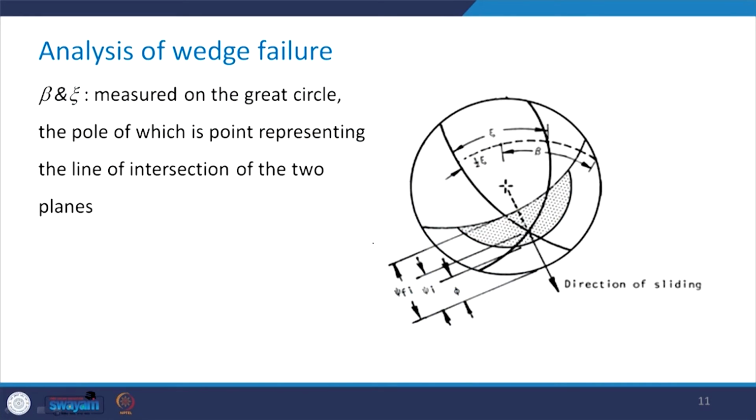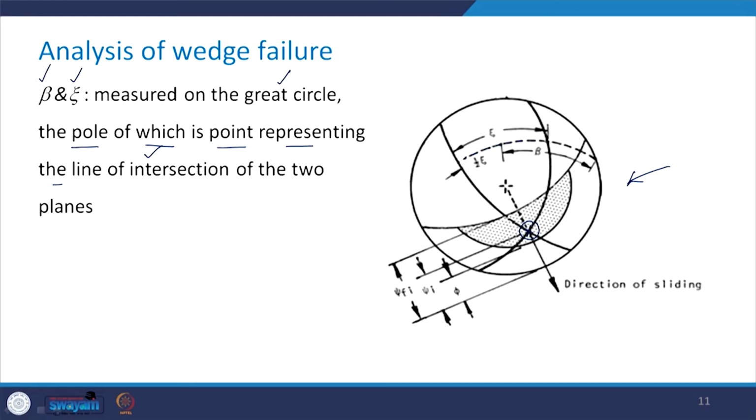Now, how to determine these angles beta and zeta? That is the question. There we have to take the help of the stereo plot. These two angles are measured on the great circle, the pole of which is the point representing the line of intersection of the two planes. You see in this figure that this is the line of intersection in this stereo plot. If this is the pole of a great circle, we will try to get the great circle.